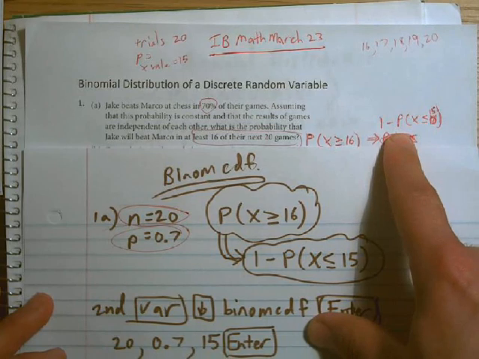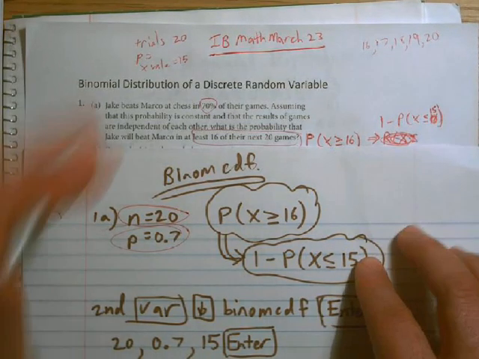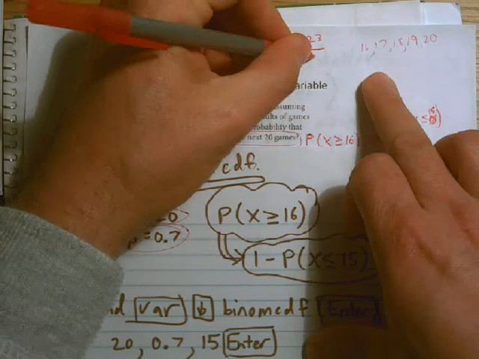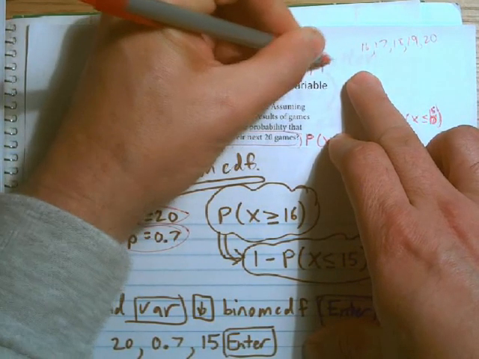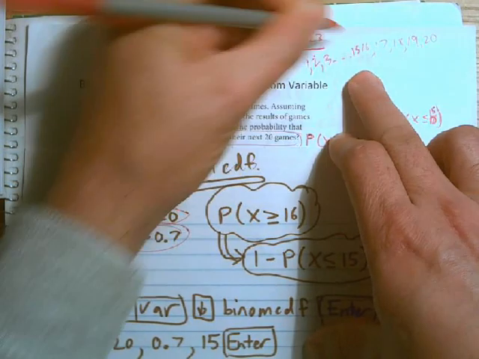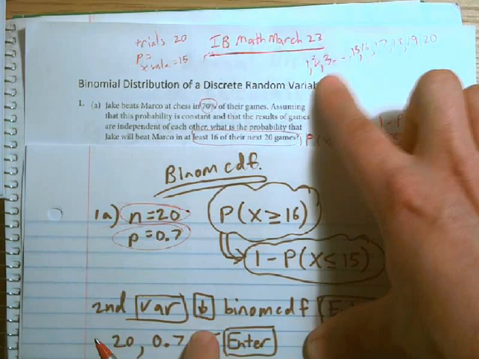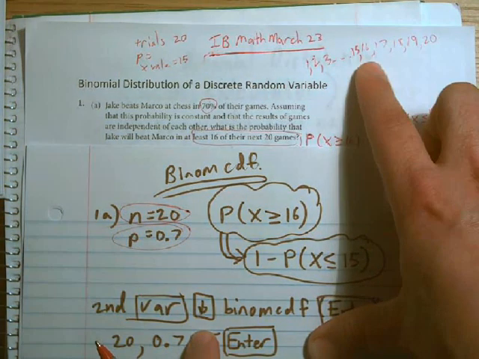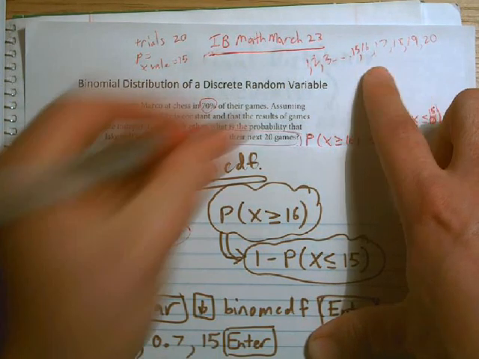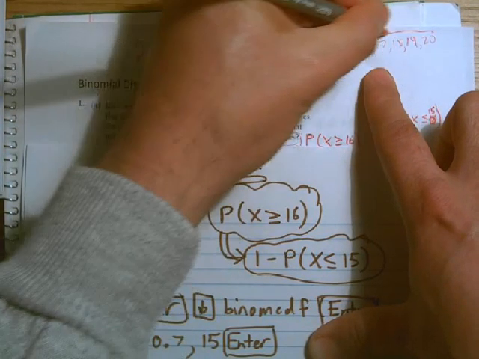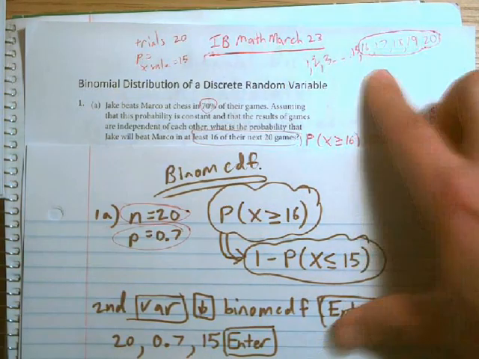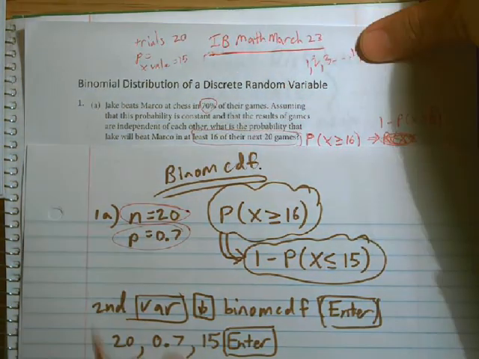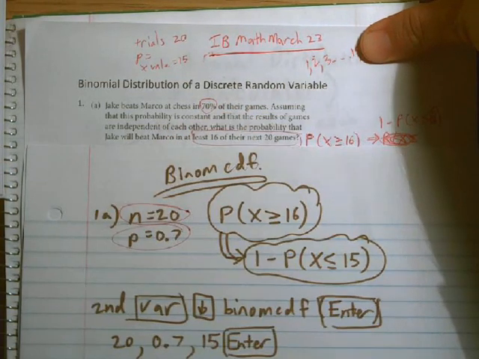Your calculator only does less than, right? So think of it this way: 1, 2, 3, all the way up to 15, 16, 17, 18, 19. If I'm going to win 16 or greater, that's the same thing as 1 minus winning 15 or less, okay?